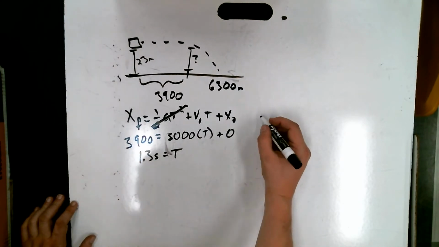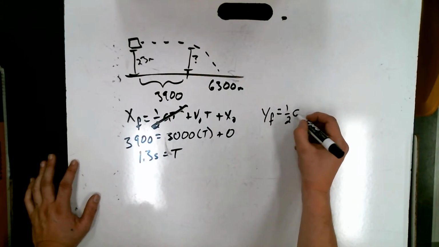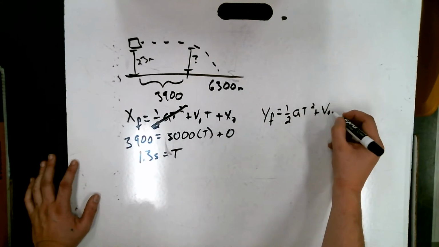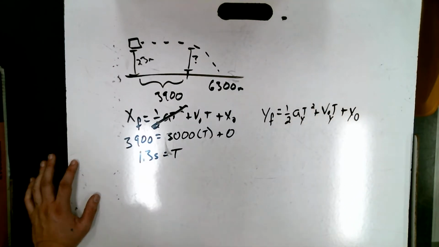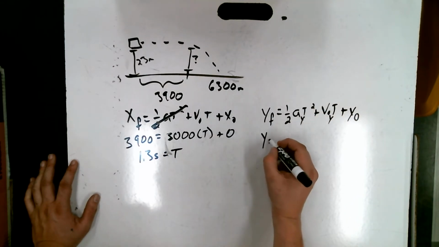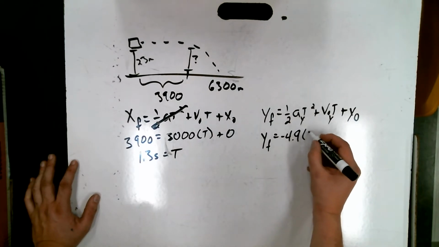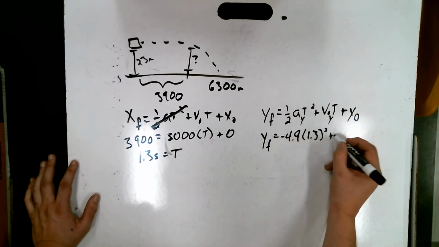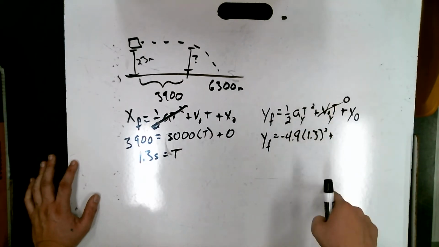I can then go into my y-axis. y f equals 1/2 a t squared plus v naught t plus y naught. Let's make sure I use the y numbers. This is going to be negative 4.9 times 1.3 squared plus, this is 0 this time because this is vertical.